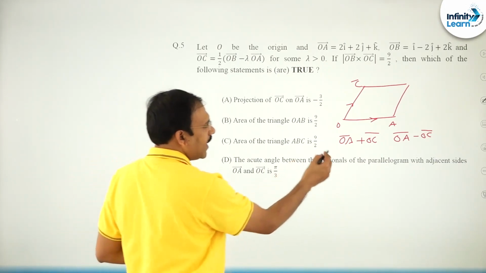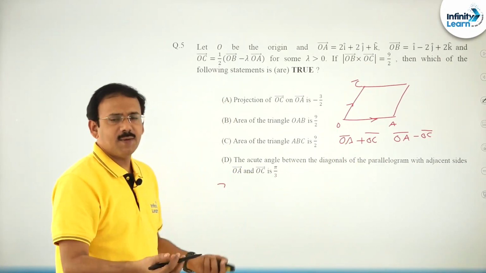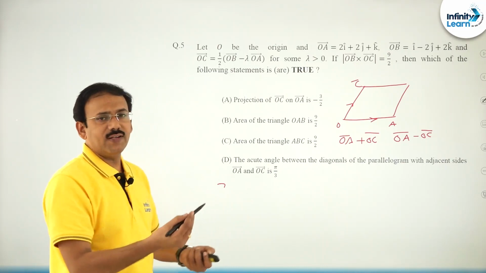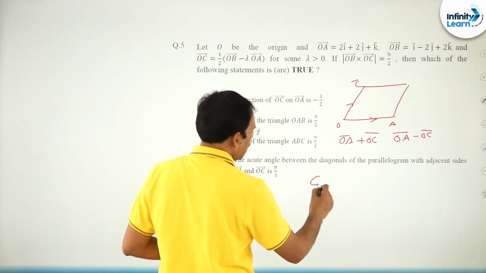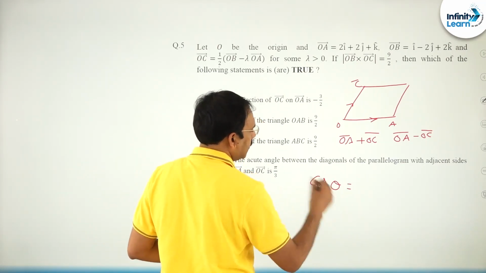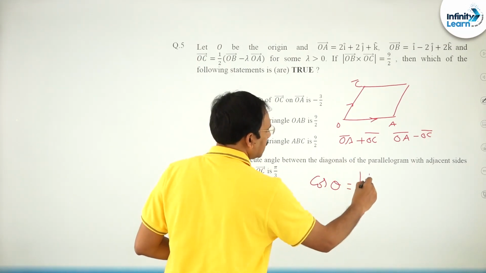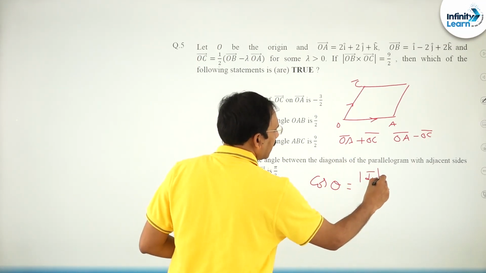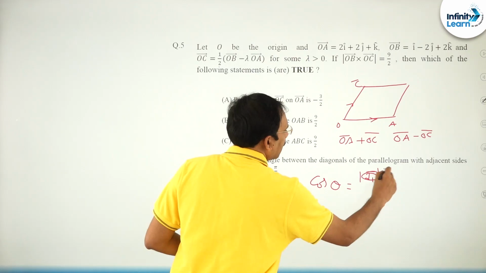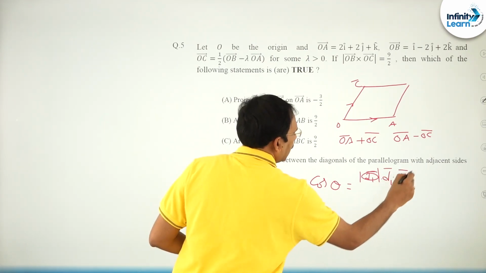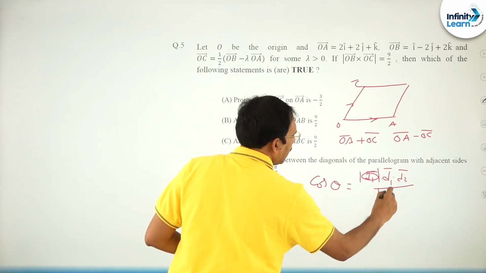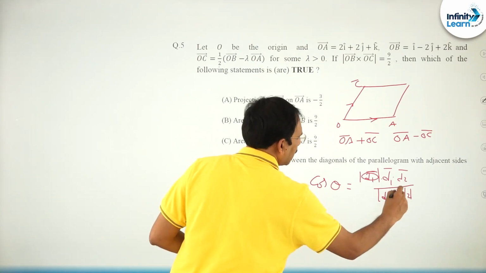Now how to find the angle between two vectors? Acute angle: cos theta is equal to D1 bar dot D2 bar by magnitude of D1 bar into magnitude of D2 bar, that is it.